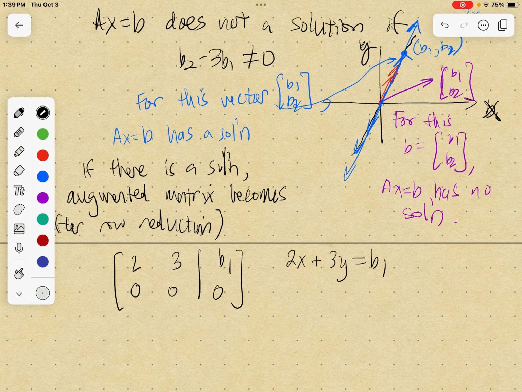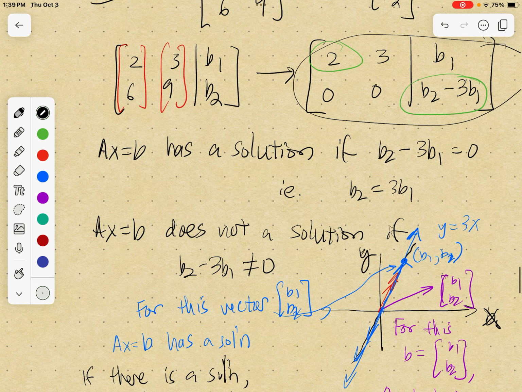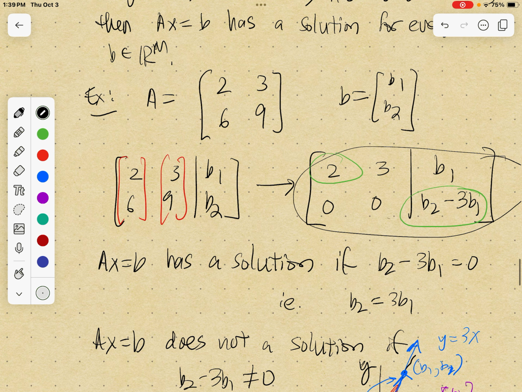And there's going to be infinitely many solutions to this. So in this example, for this matrix, there either is no solution or there's infinitely many solutions.